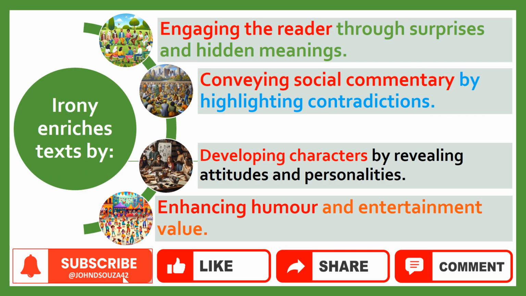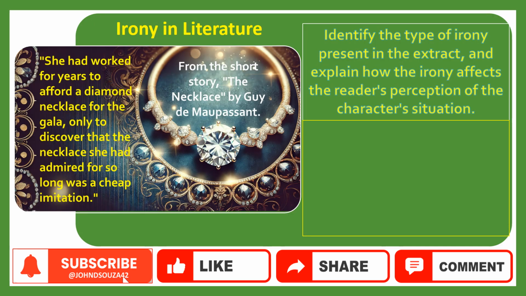Why is irony important? It enriches text by engaging the reader, conveying social commentary, developing characters, and enhancing humor. Let's analyze the significance of irony in literature. Read the extract from the short story The Necklace by Guy de Maupassant and answer the questions.